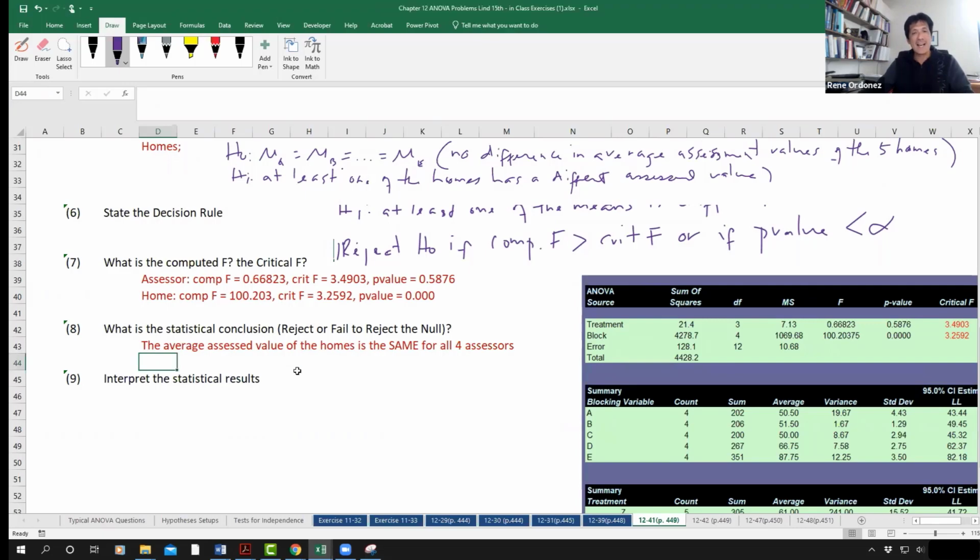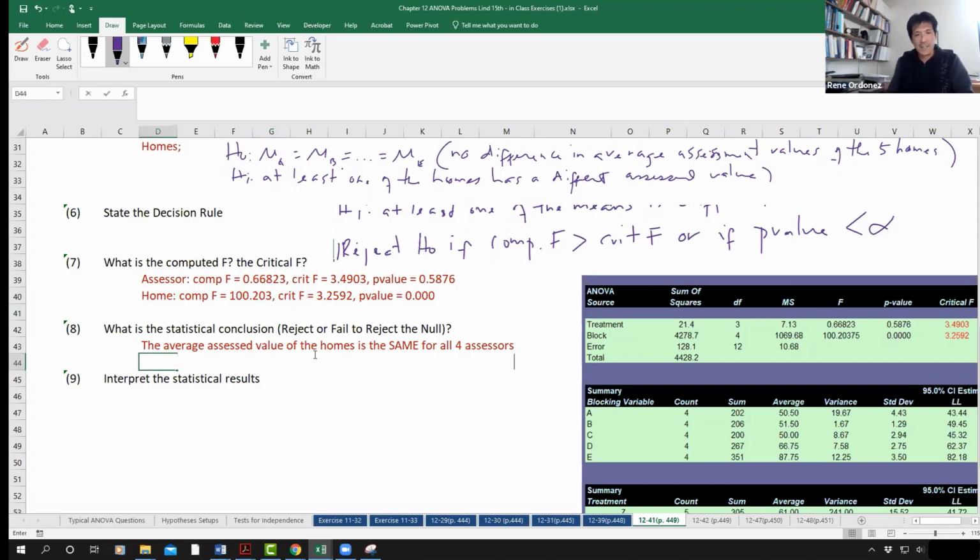But when it comes down to the assessed value of the homes, regardless of assessor, we rejected the null hypothesis because the computed F is greater than the critical F, or the p-value is a lot smaller than the alpha.